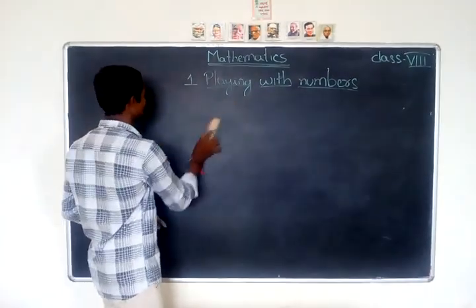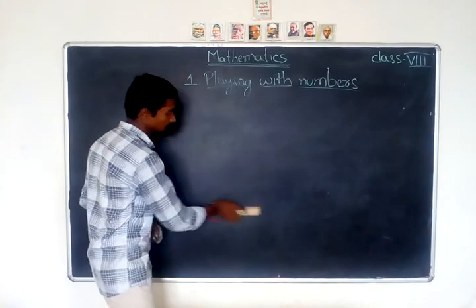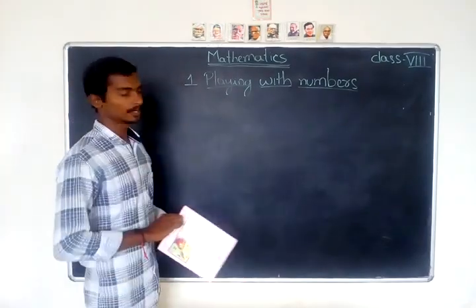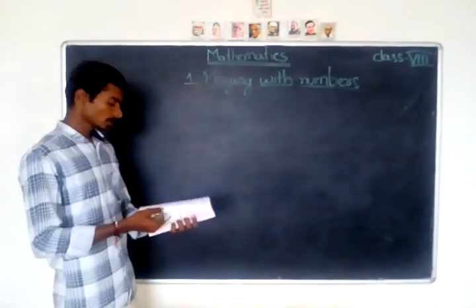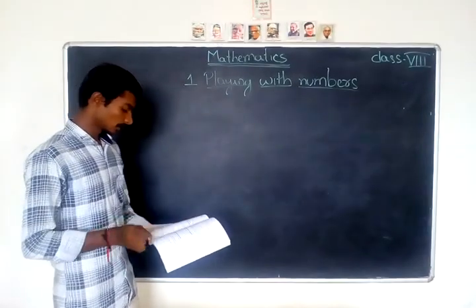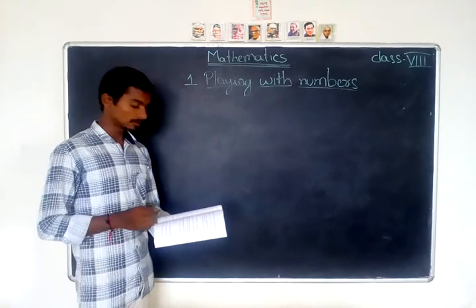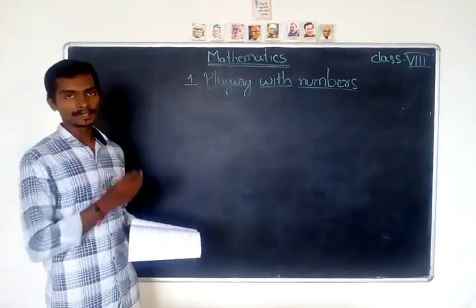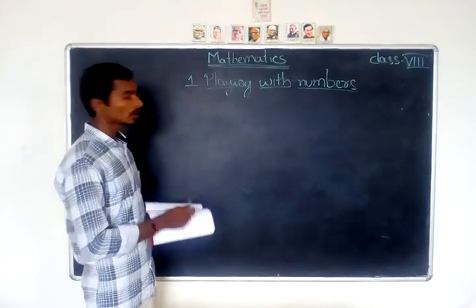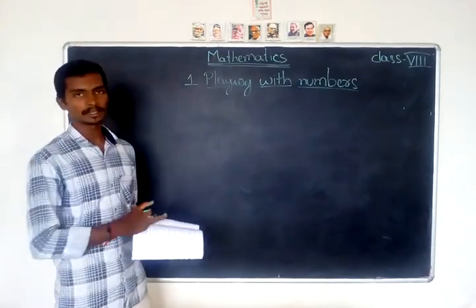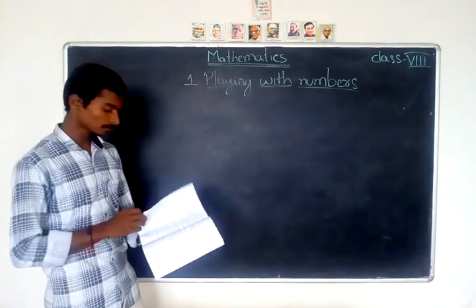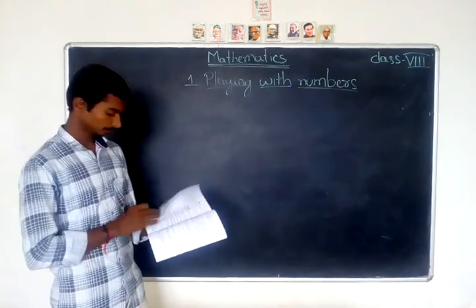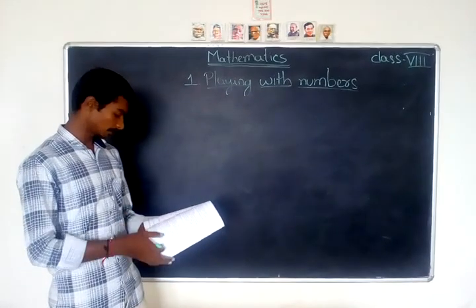Now let us try to find the values of the alphabets in alphanumerals. To find the value of an alphabet in alphanumerals, we need some condition to be given. If there is no condition given, then the alphabet can take any value. Okay? So let us see how these alphanumerals can be solved.